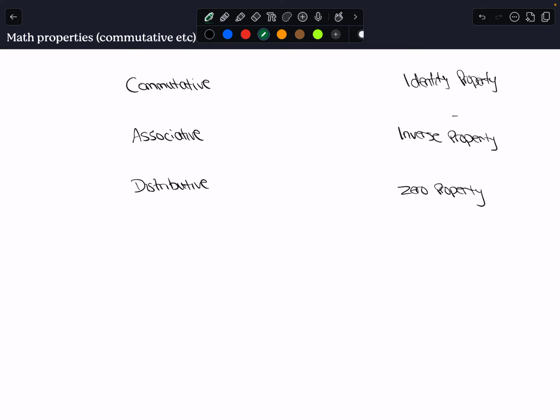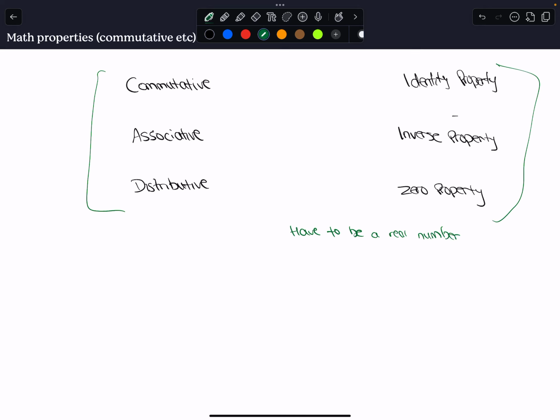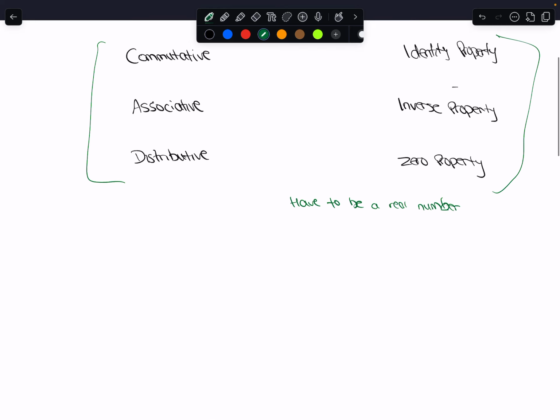If it's a real number, so any number for all these choices that we have here, they must be a real number. As long as this is a real number, these are what will follow the commutative property.